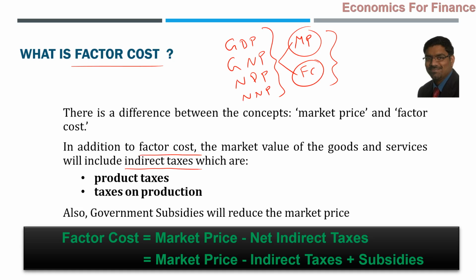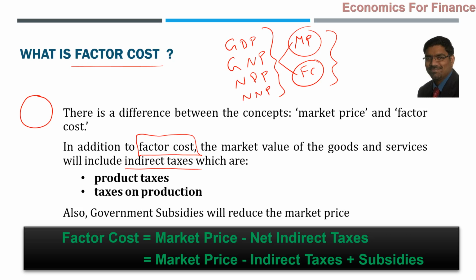Do these indirect taxes really add any value to the production process? Answer is no. But all the others have added value, including profit actually. Why? Because that profit is the return for the person who has invested the money. That is also going to a person, the investor, the capitalist, the industrialist, the businessman, whoever it may be. So that is also part of the entire value of this particular commodity.